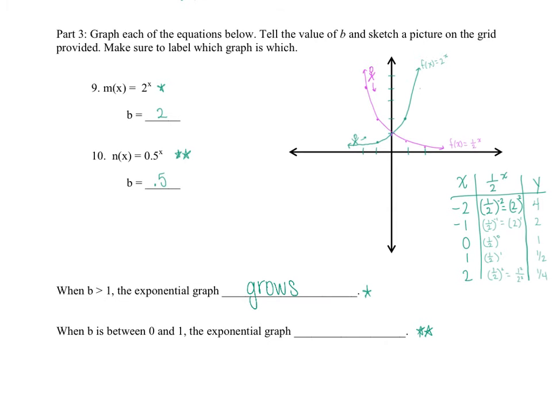And then when we look at our pink curve, when our base was 1/2, our little man's now going down. So we're going to use the opposite of growth, which is called decay. If your base is a decimal or fraction between 0 and 1, the exponential graph decays. That just means that it's going down. Growth means that it's going upwards, left to right. Decay means that it's going down.